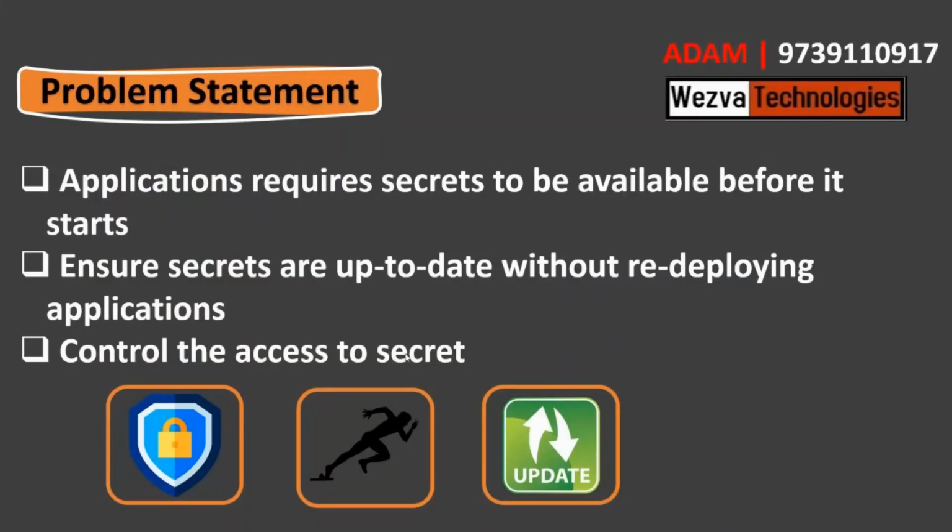Before we get started, again, why do we need this? So if you look at the problem statement, now DevOps has been so popular in every organization. You have to think about automating your build pipelines, your deployment pipelines, your infrastructure. And that's where a new addition to DevOps is security.